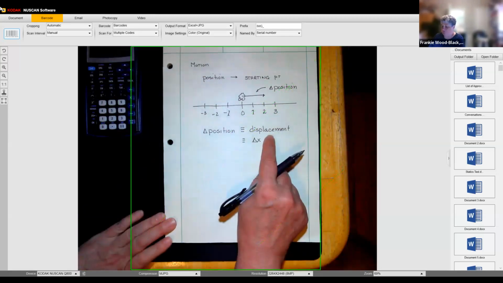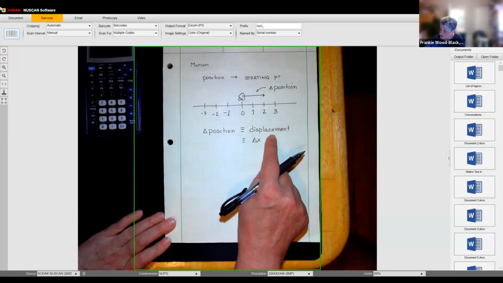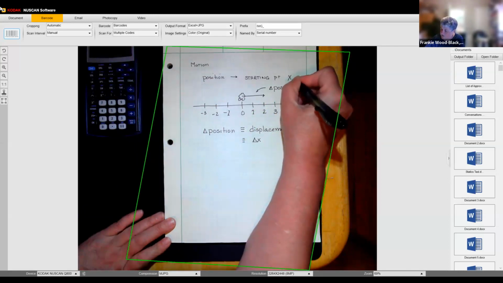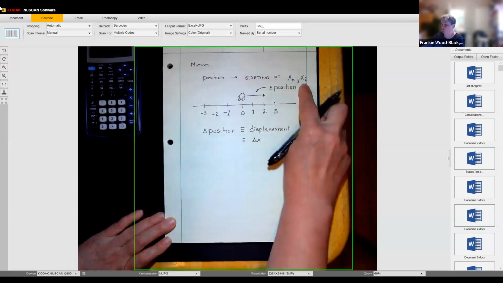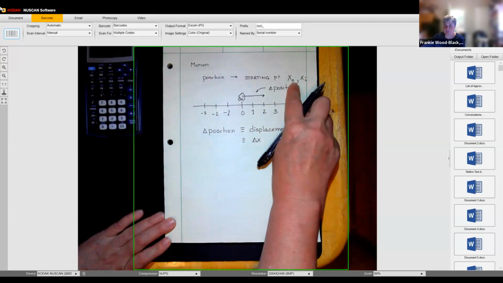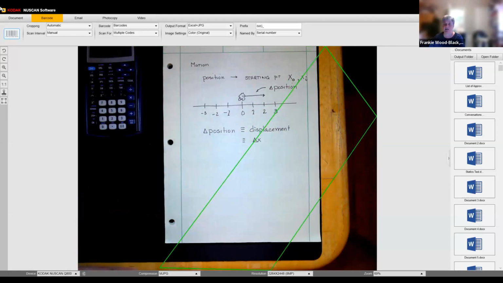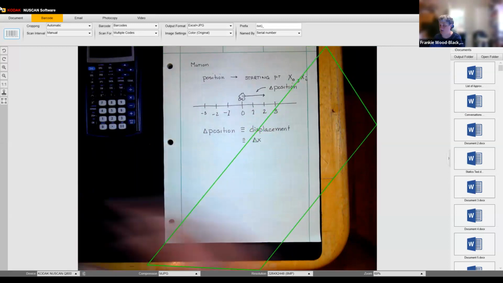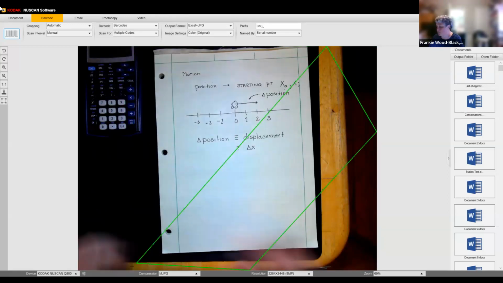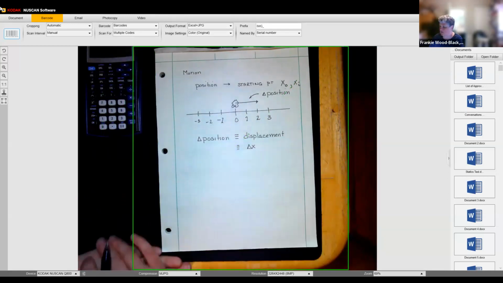Now, displacement is an interesting concept. So if I'm at my starting point, I can represent that as X sub 0, or I can represent that as X sub I. Initial point, origin, however you want to look at that. In physics, we use a lot of subscripts in order to be able to have what we're anticipating.